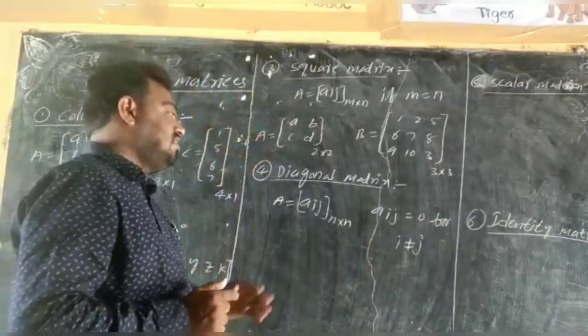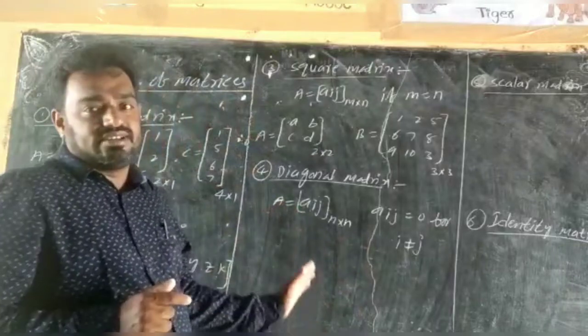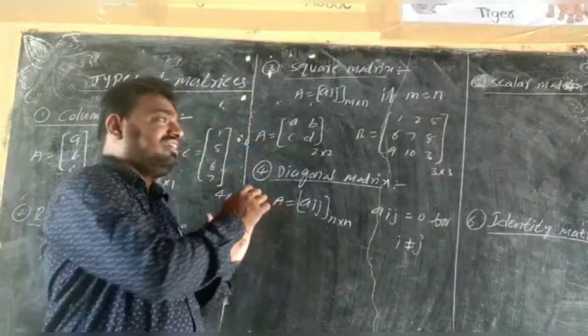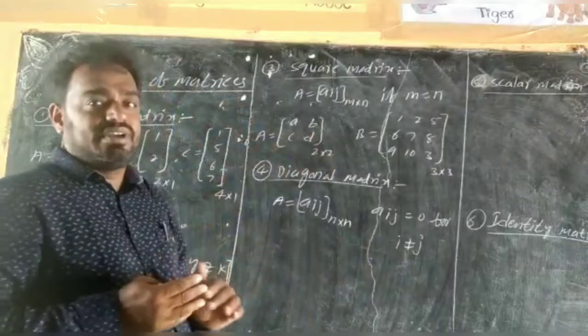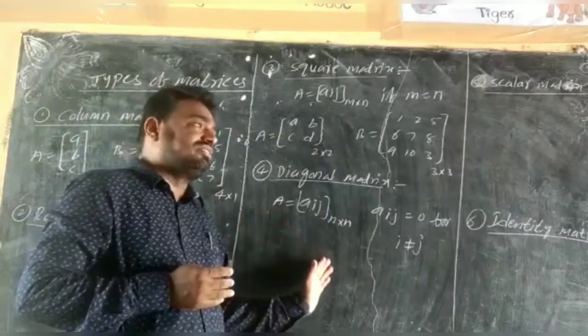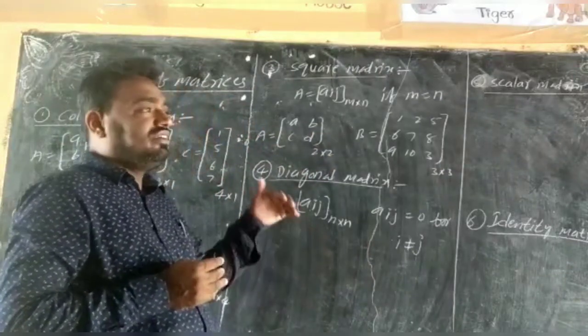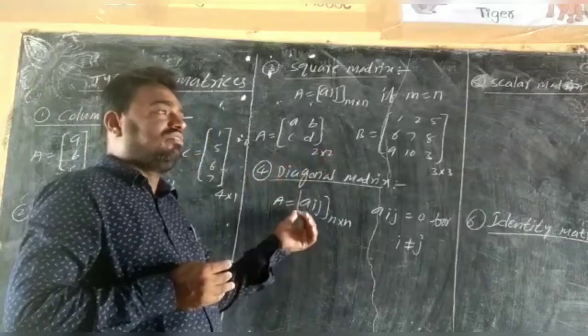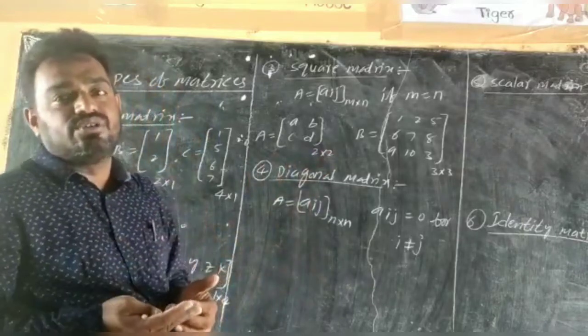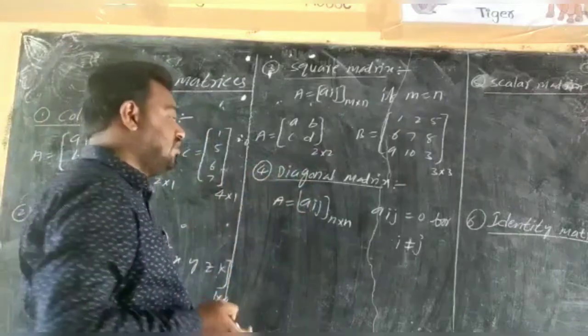That means except the diagonal elements, the remaining elements are equal to 0. The non-diagonal elements are equal to 0 and diagonal elements are not equal to 0. Then it is called a diagonal matrix.